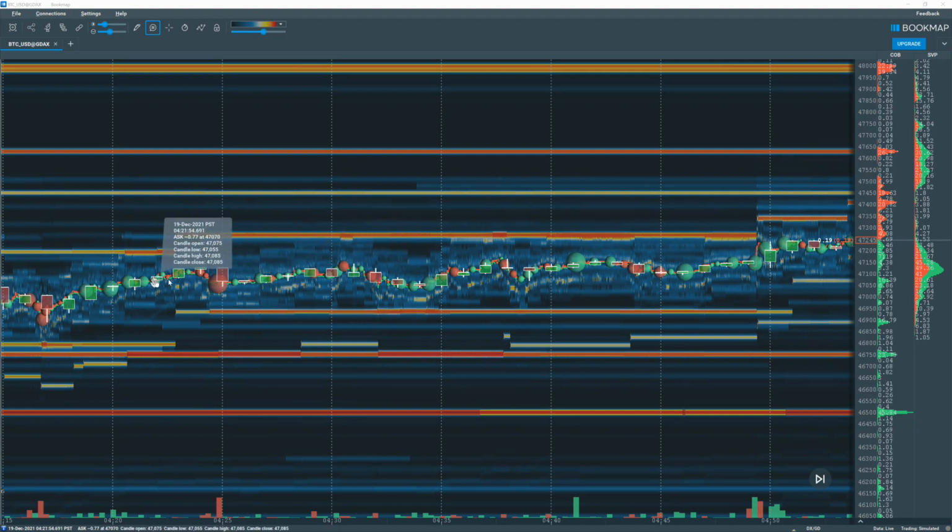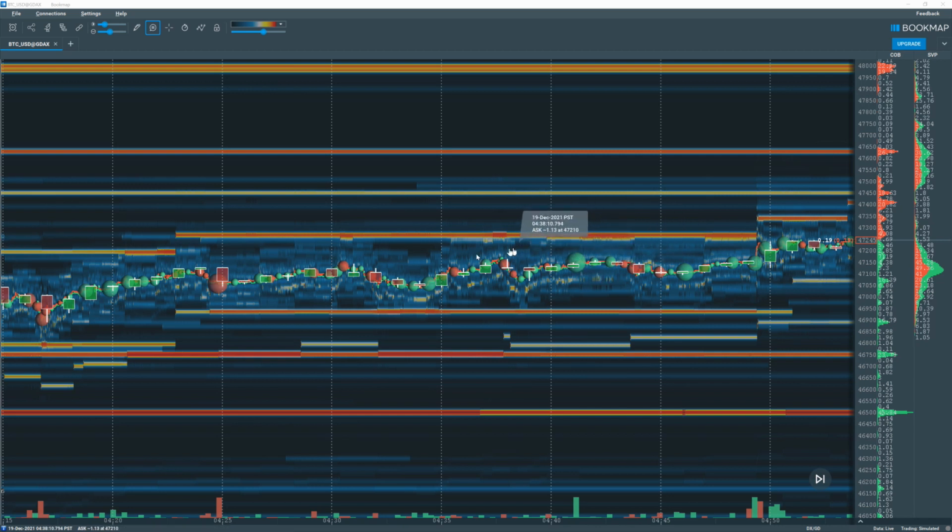Above the price line, you see dark bluish, light bluish, and sometimes orange, whitish colors. Those are sell orders. Anything above the price line are sell orders. Vice versa, on the bottom of the price line are buy orders. You see similar, here's some orange and yellow ones, and they tend to be pretty small.